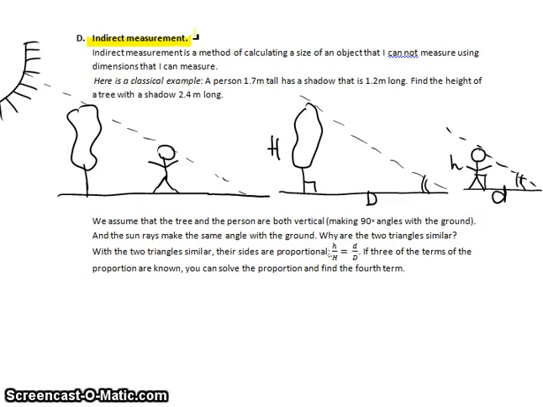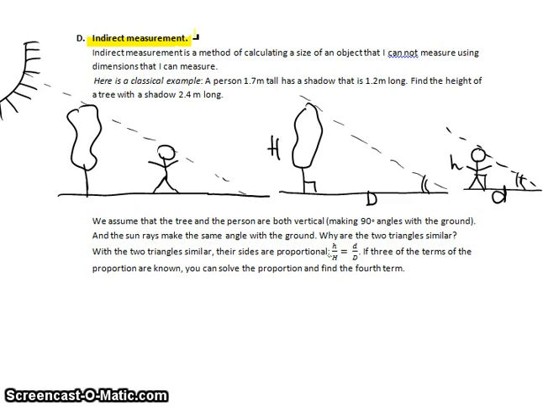And a classical example is having a person with a known height. I can measure the person's shadow on the ground, and we have to find the height of a tree as we are able to measure the length of the shadow of the tree.